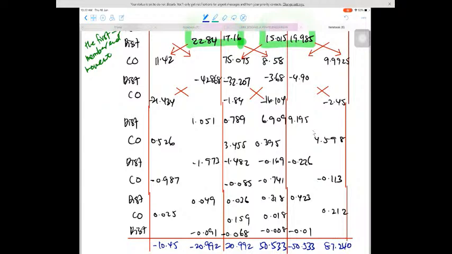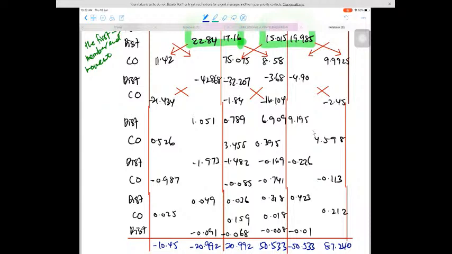Okay, as you can see on the screen right now, MAB is negative 10.45. MBA is negative 20.992. MBC is positive 20.992 because the total moment at joint B must equal 0. Then this is correct. MCB is positive 50.533. MCD is negative 50.533.